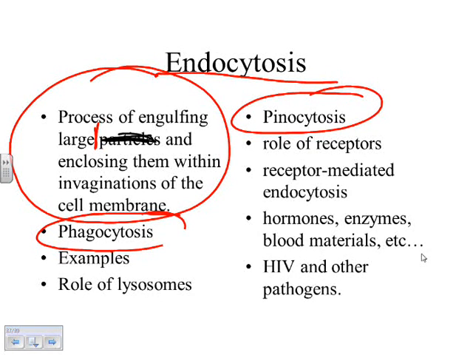Now, very often, receptors are involved in this process. Receptors are made out of what? Proteins. And what will happen in a lot of cases, the solute, whichever solute we're trying to take in here, will bind to receptors, and that will trigger the cell to pull those things in.